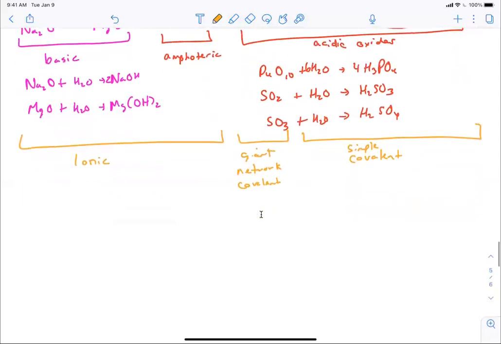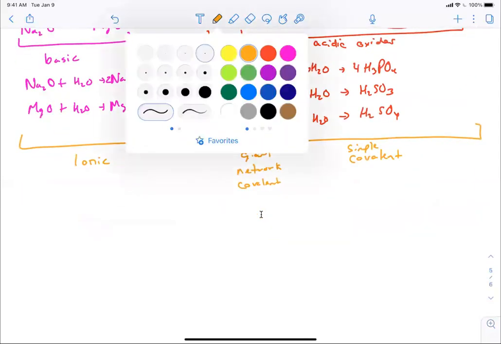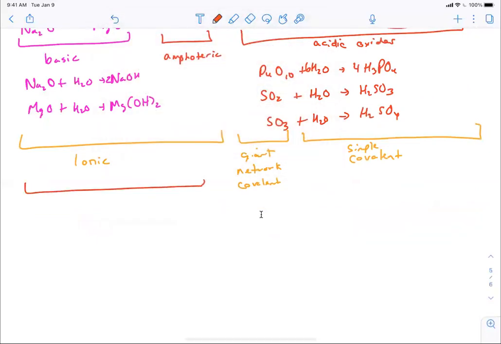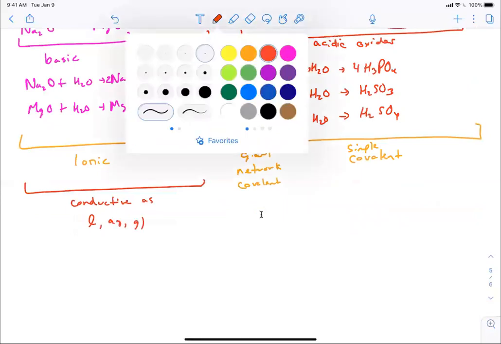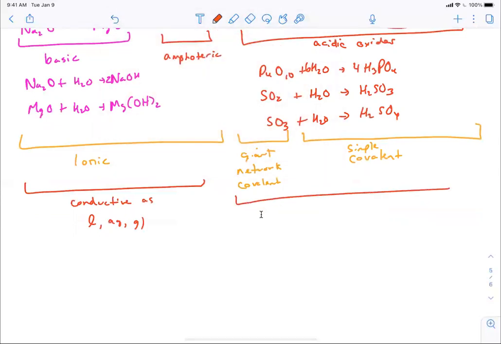Along with that comes conductivity as well. The ionic oxides are conductive as a liquid and aqueous, and the molecular ones as a gas, and fairly non-conductive for your silicon oxide and moving on to the right.